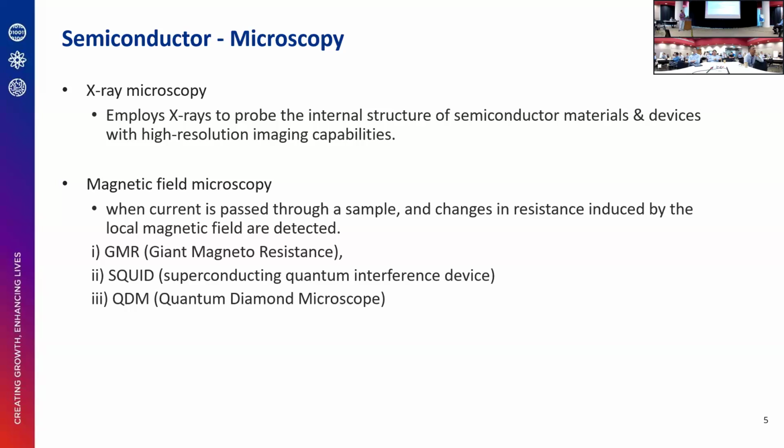In this, one interesting thing the team is working on is that when current is passed through a sample, we detect changes in resistance induced by the local magnetic field. There are many microscopies available now, like GMR as the initial setup, and then SQUID and QDM, some of the popular magnetic imaging techniques, especially in the semiconductor industry.